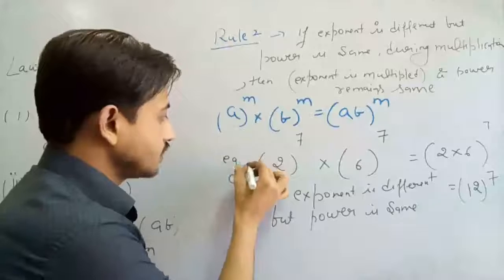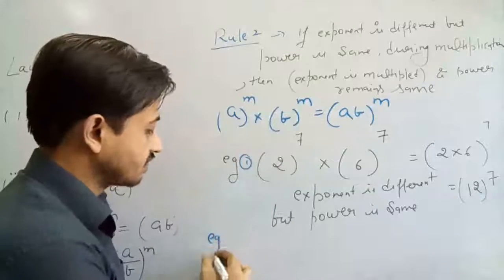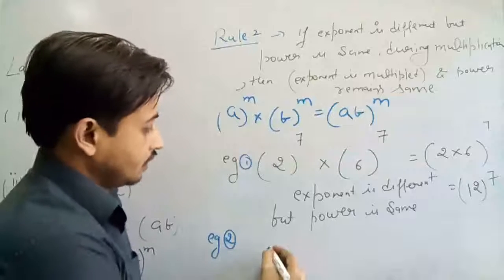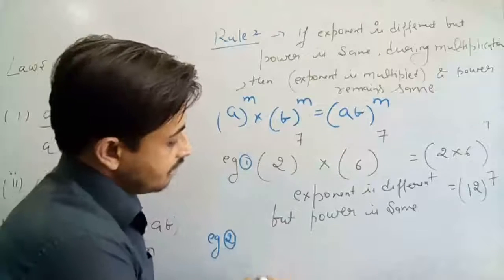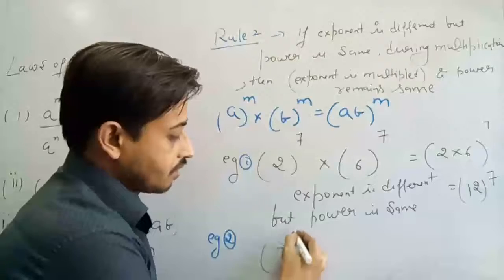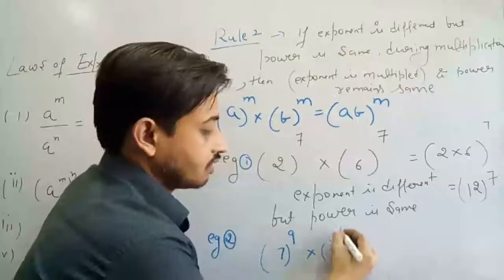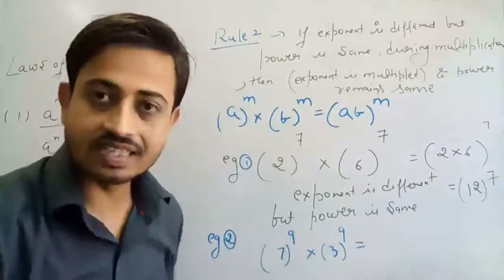This is example 1. I am taking another example, example 2. So we have to multiply 7 raised to the power 9 multiply 3 raised to the power 9. Now what's the answer?